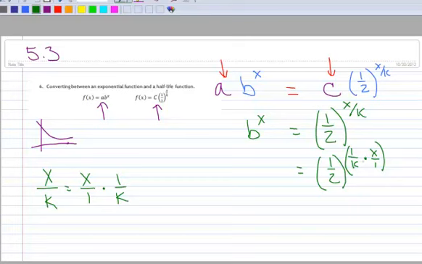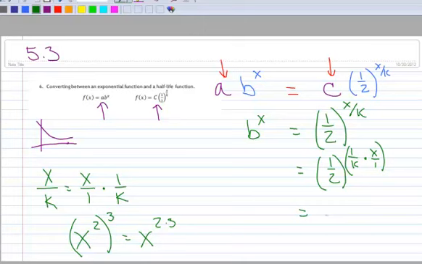Now in the next step, you recall that if you have a power to a power, let's just come over here to the side a minute. If I have x squared raised to the third power, what you do is you multiply those two powers together. So here, think of this as two powers multiplied together.